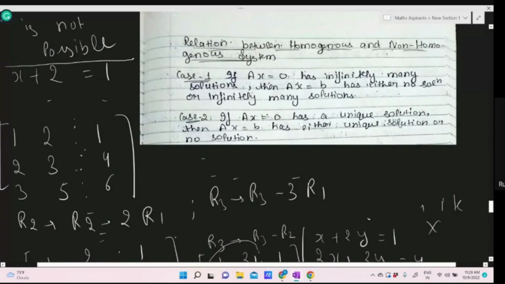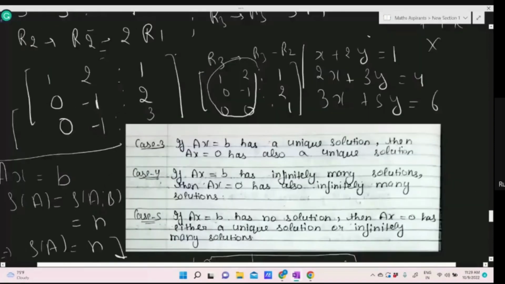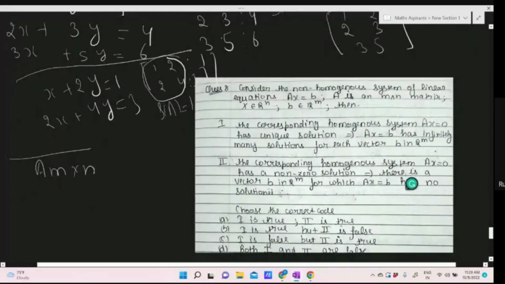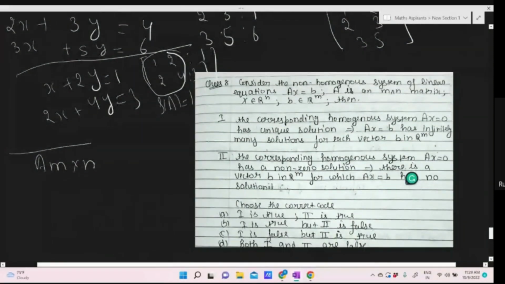Therefore, the corresponding non-homogeneous system will have either a unique or no solution. Here the option says that if the system has a unique solution, then the corresponding non-homogeneous system will have infinitely many solutions, which is wrong, considering case number 2 we have discussed above.